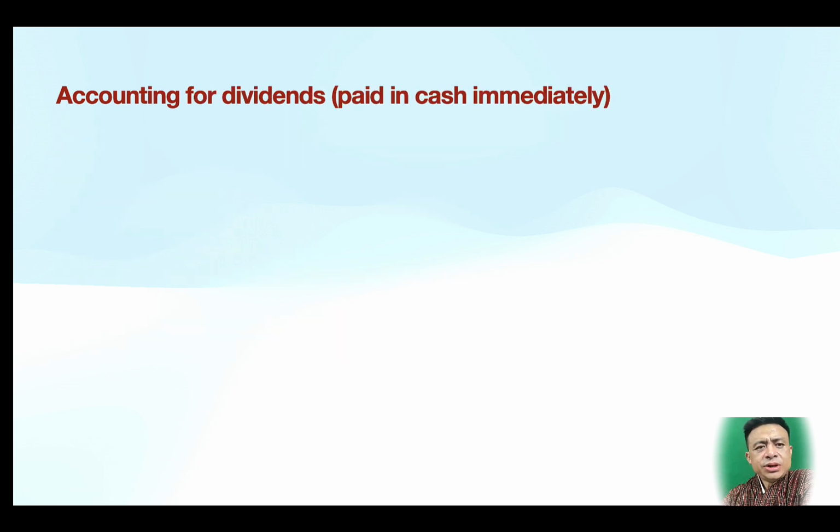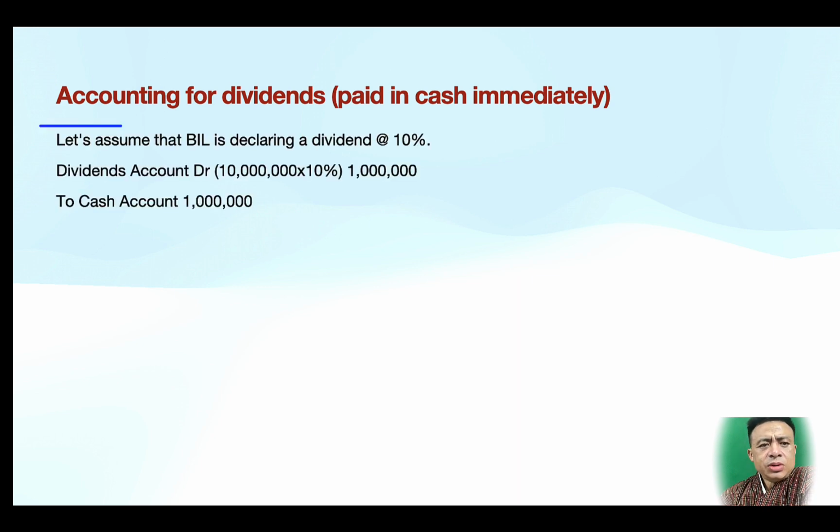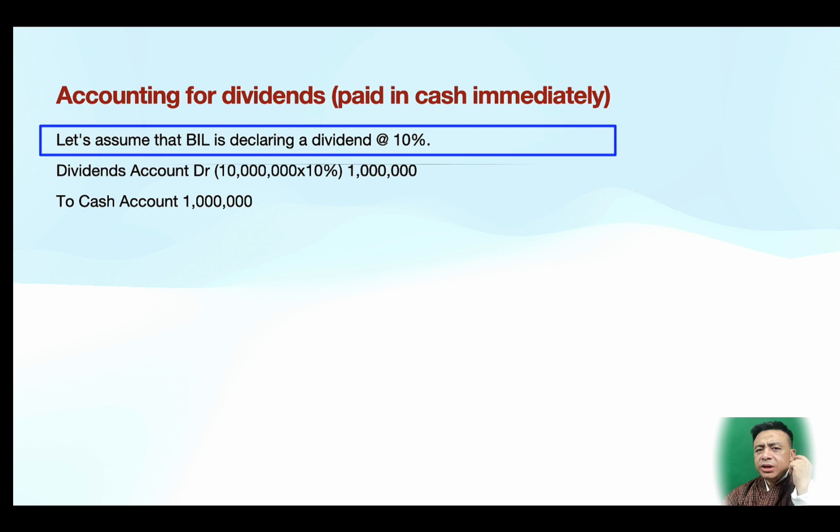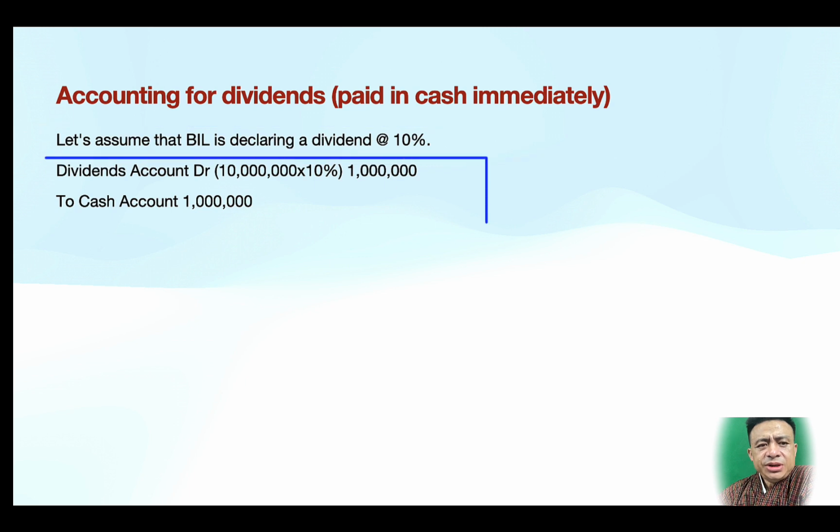Now let's look at how a company records the payment of dividends. Let's assume that BIL is declaring a dividend of 10%. When a dividend is declared and immediately paid in cash, it is directly recorded as dividend account debited and cash account credited.